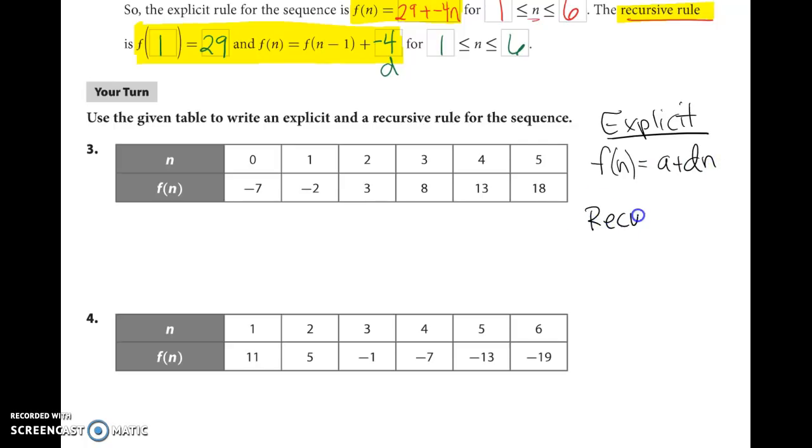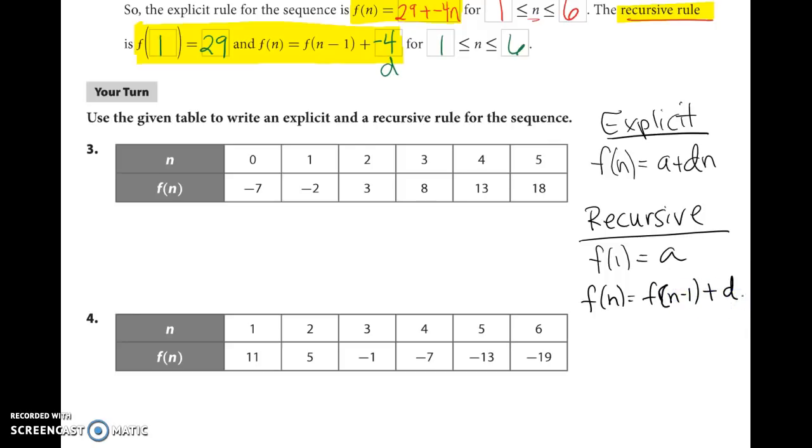And for recursive, you have your first term, and sometimes this is f sub 0 or f sub 1, with a being your first term. And then we have f sub n equals the previous term, which is f of n minus 1, plus your common difference.